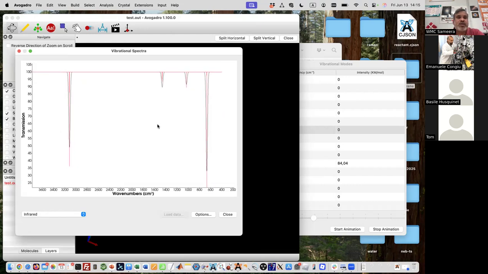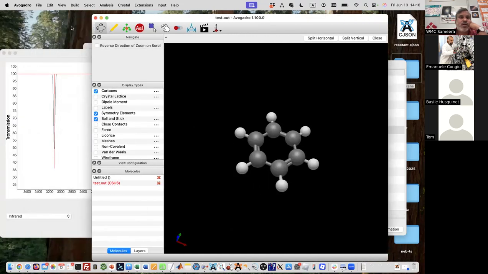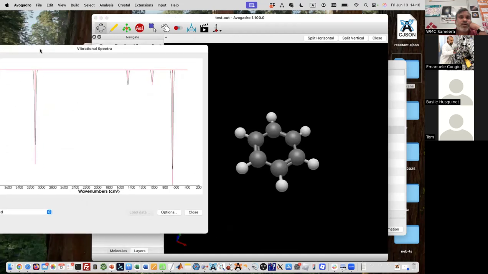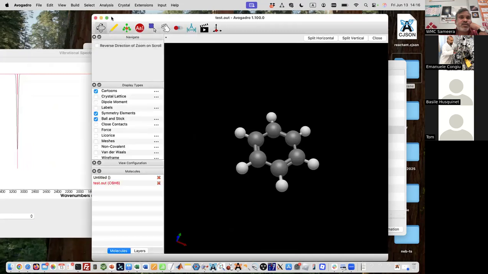So this is the infrared spectrum, and now you can analyze the spectrum. It has 4 important peaks, and we can look at the corresponding vibrations. So let's keep it like this.